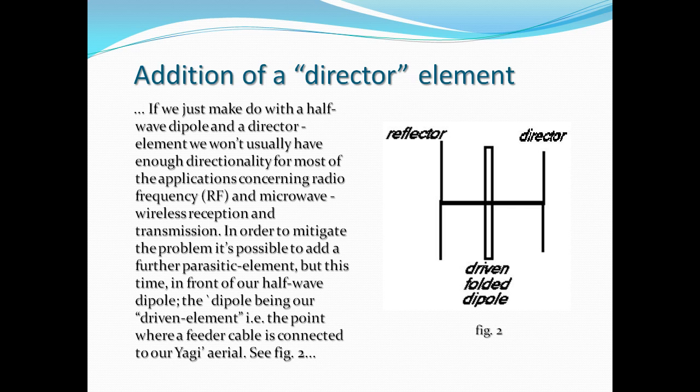In order to mitigate the problem, it's possible to add a further parasitic element, but this time in front of our half-wave dipole, the dipole being our driven element, that is to say the point where a feeder cable is connected to our Yagi aerial. See Figure 2 opposite. I have to say that if you only use a two-element Yagi for an SHF wavelength, it won't be much good, so you'd need to use a multi-element Yagi-Uda array for microwave SHF applications.